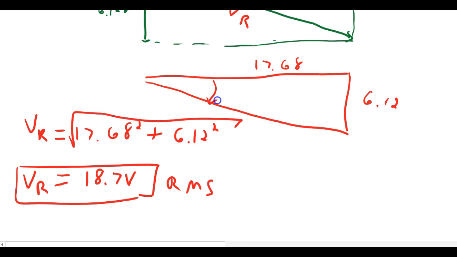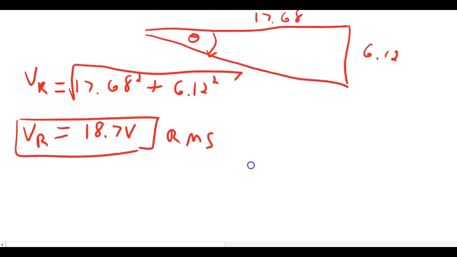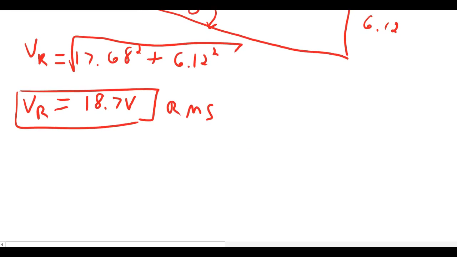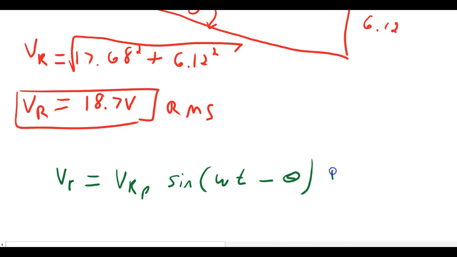The instantaneous equation, of course, includes the angle theta, which will be a negative angle. In order to produce the instantaneous equation, we would like to say that V resultant is equal to VR maximum, or peak value, times sine of omega t subtract theta volts.